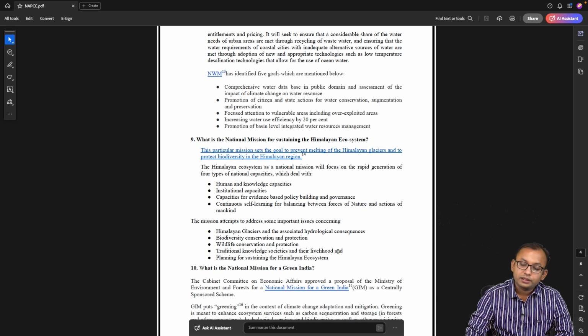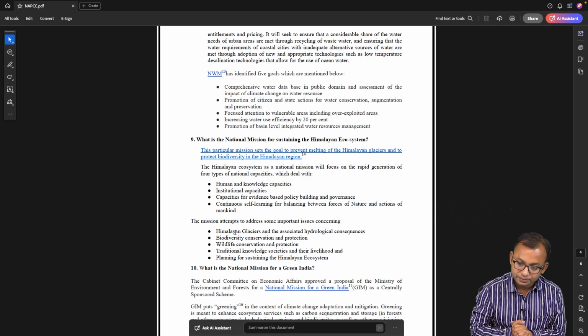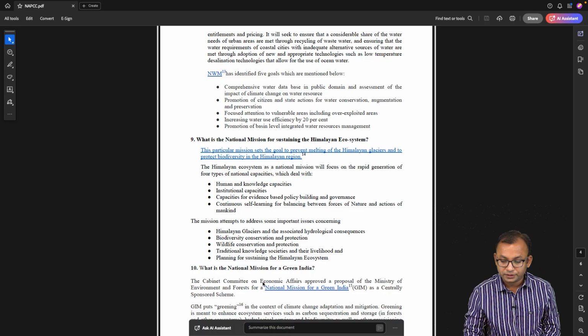These are the 5 major points which were discussed and implemented in this National Mission for Sustaining the Himalayan Ecosystem.